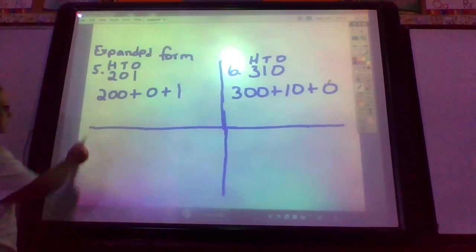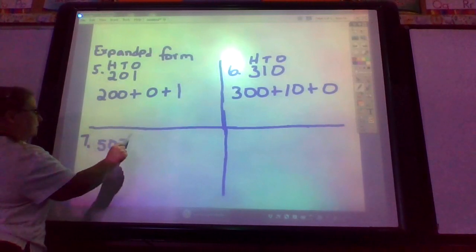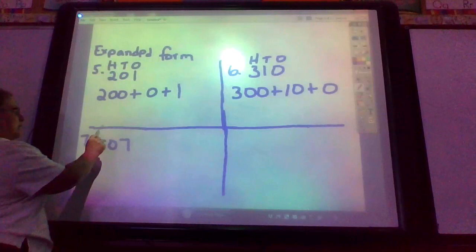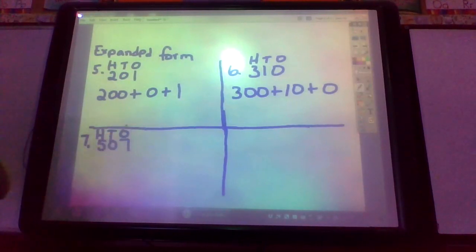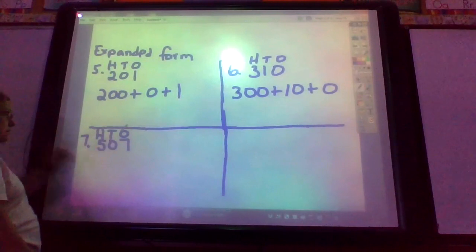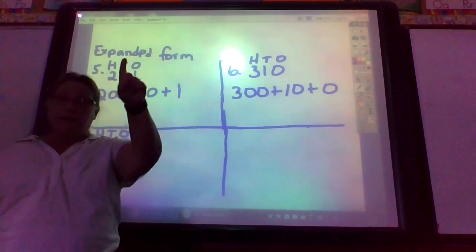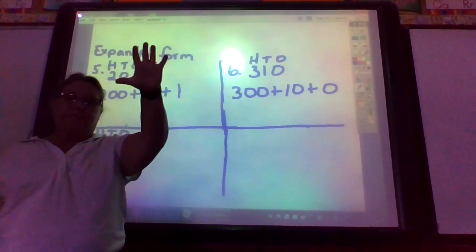Let's do number 7. 507. We have our hundreds, tens, ones. Because we read from left to right, we label left to right. I have 500s. 100, 200, 300, 400, 500.